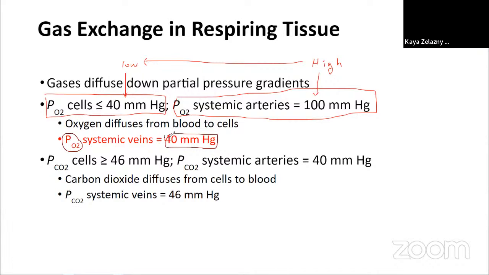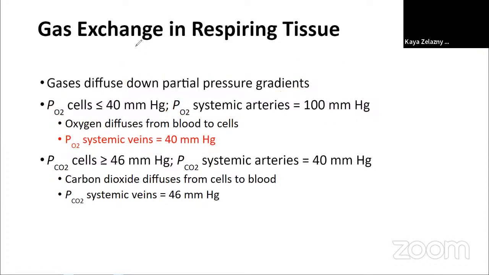Just note, as you go through these slides, we do really specify systemic veins, and the reason for that is that our pulmonary veins are the ones coming back to the heart with fresh oxygenated blood. So it matters because in that pulmonary circuit, we have kind of the reverse situation going on for veins and arteries and oxygenation. So just a thing to keep an eye on as you're reading questions. Be sure that you know which ones we're talking about.